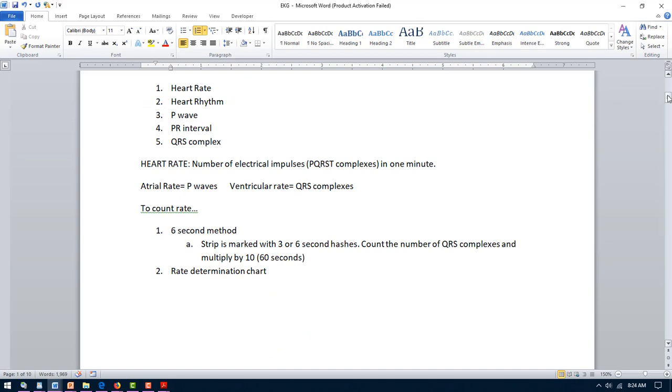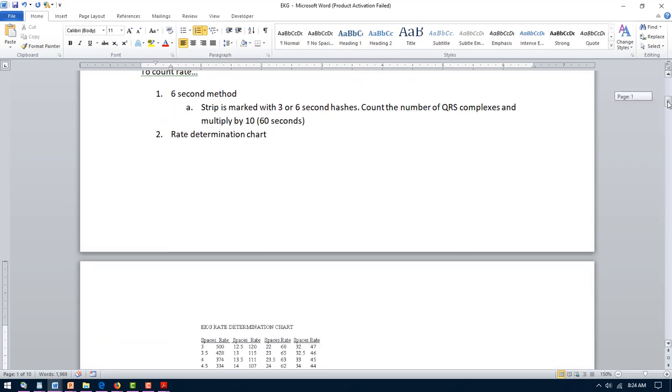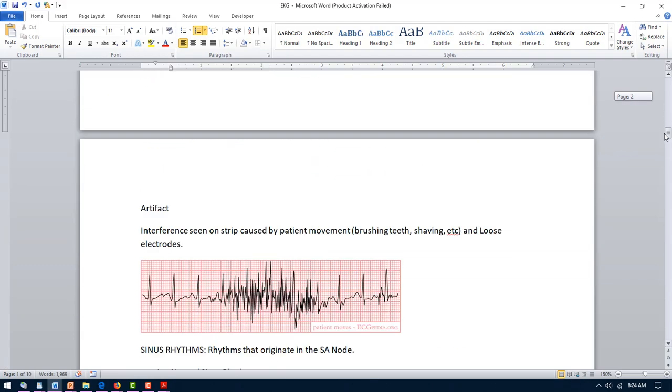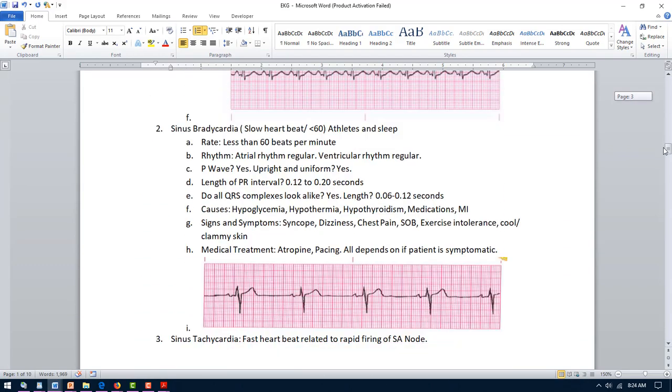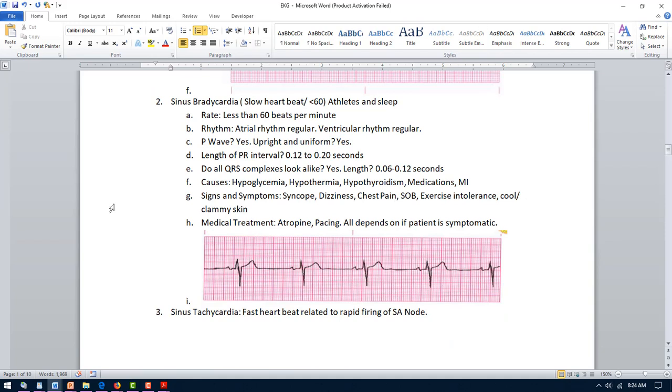If we want to count how many atrial beats there are, we count the P waves. If we want to count how many ventricular beats there are, we count the QRS complexes. If the rhythm is regular, we can just count R to R. The 6-second method is probably the easiest one. So I just have to find one with our marks here.